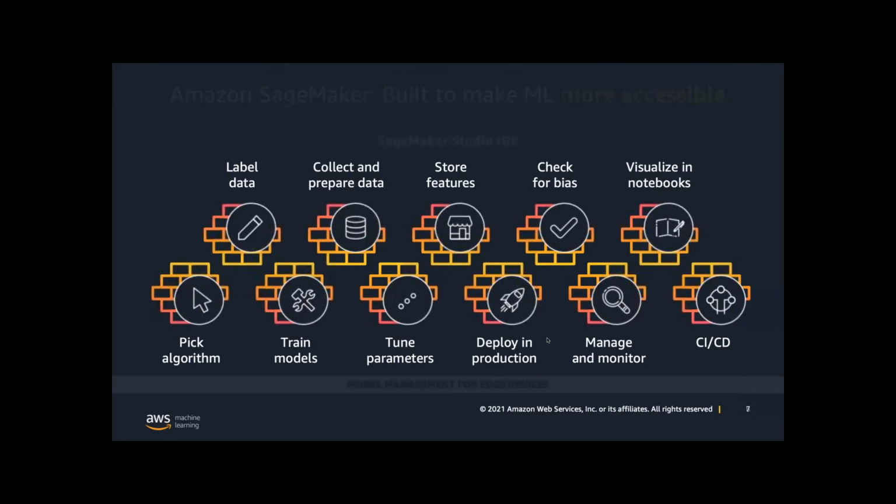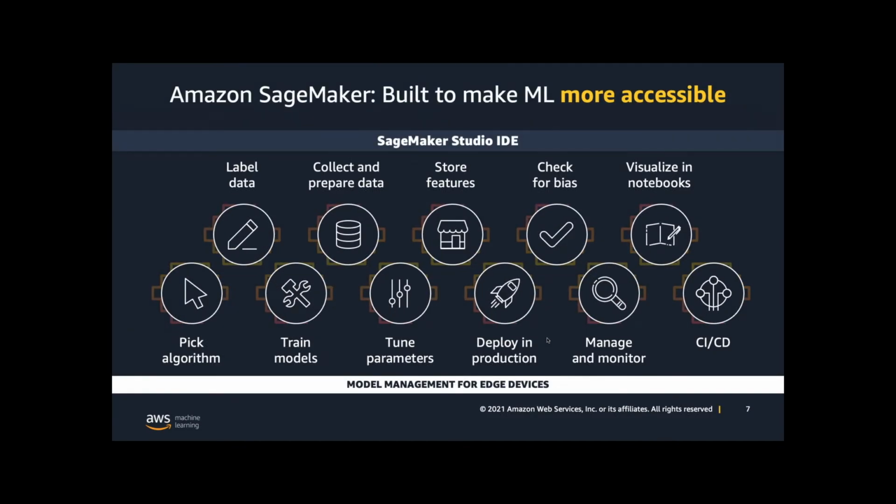So the purpose of AWS, especially the SageMaker platform, is to turn this into something accessible from a single point. Whether you are a developer, a data scientist, or an end user, you have access to a range of different features from the same platform and the same set of tools, right?